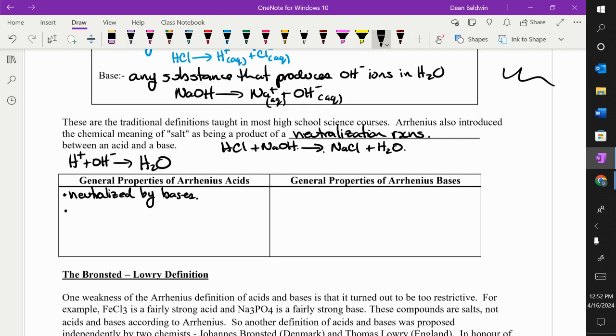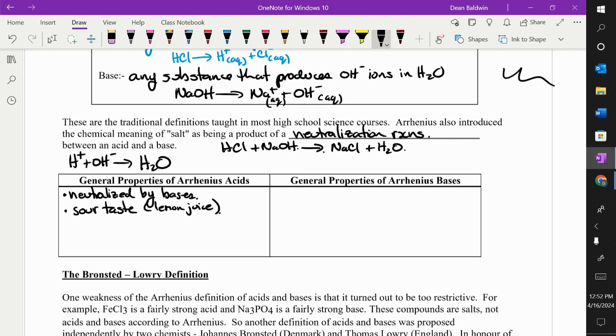I don't recommend you do this in a lab. They have a sour taste. Probably acidic. So lemon juice, right? You drink some sort of citric acid. It has a sour taste, right? Don't drink hydrochloric acid or sulfuric.